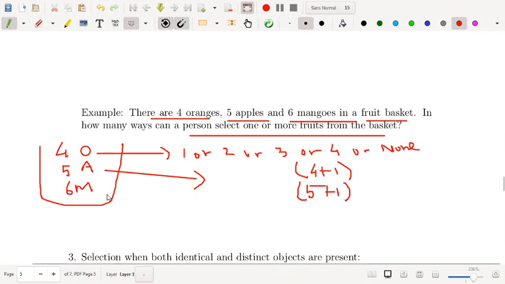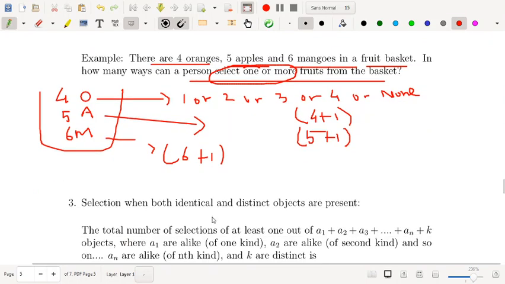And lastly, from 6 mangoes, 6 plus 1. So what is your answer? How many ways can a person select one or more? That is, your target is to select one or more. So your answer will be (4 plus 1)(5 plus 1)(6 plus 1) minus 1. Clear? So this is the answer.